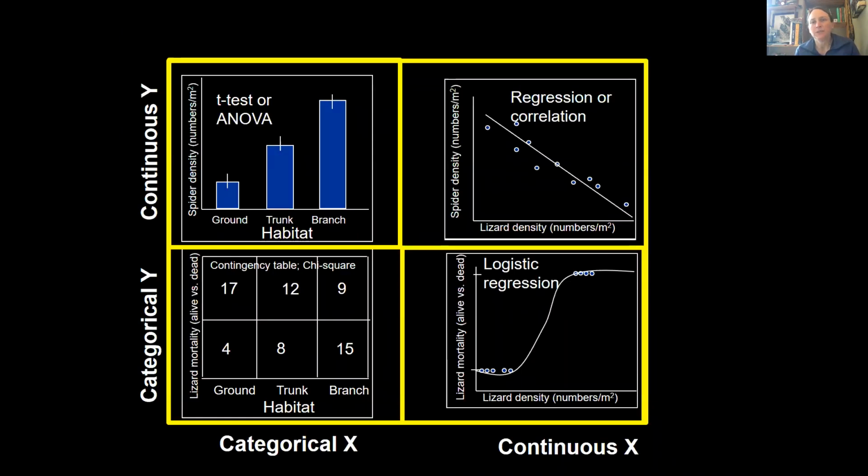So just to put this in the context of where we've come so far, most of the quarter we've spent looking at single variable univariate statistics with continuous or categorical Y variables and continuous or categorical X variables. So hopefully you're feeling pretty comfortable with this four panel plot. Now we've also expanded this.